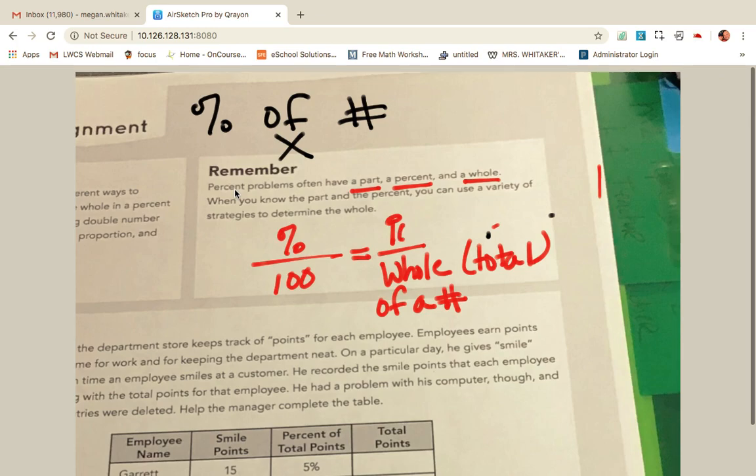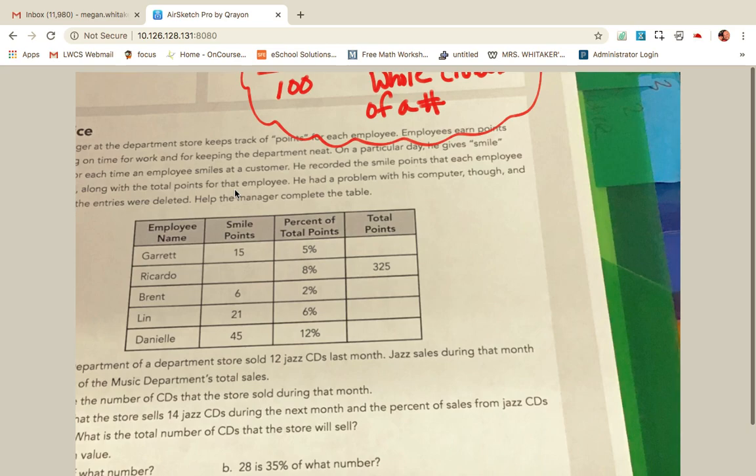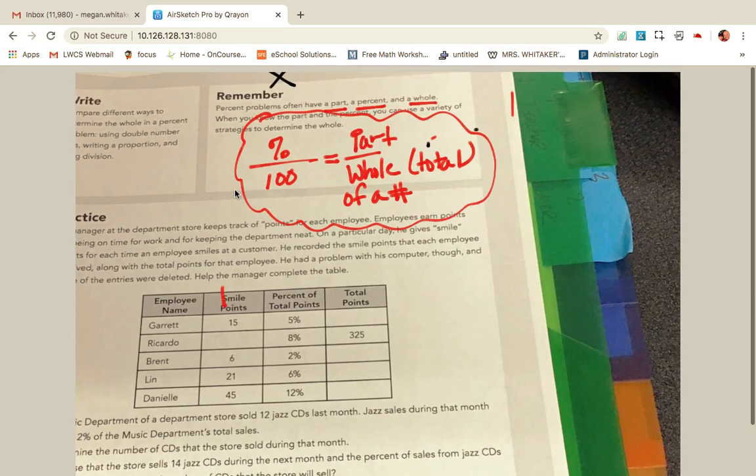So this is the formula we use down here in the chart. This is the part, this is the percent, and this is the whole. We're setting it up as equivalent fractions like we did on our warm-up today.